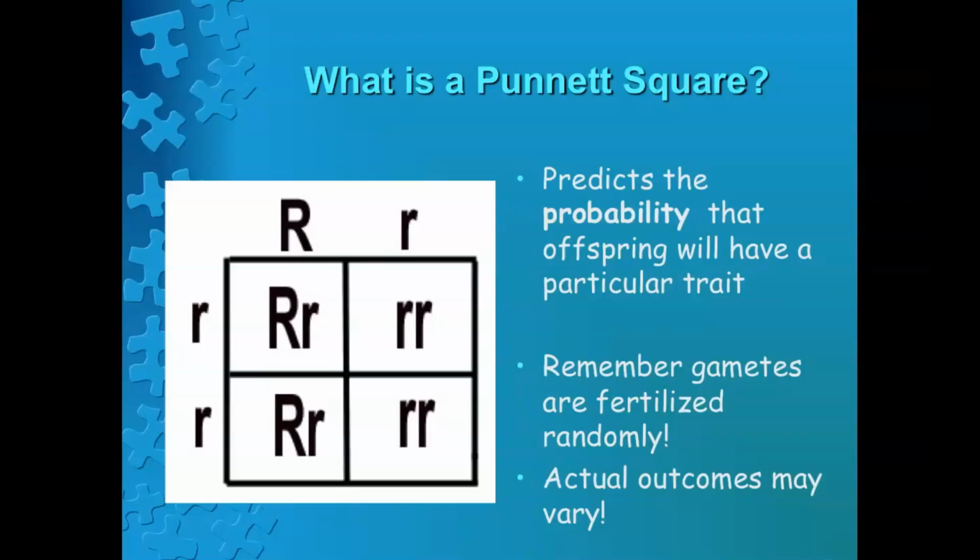So if you're talking something like fruit flies or plants, who could have lots and lots of offspring over their lifetime, then maybe you're going to start getting probabilities that are a lot closer to what you're predicting with a Punnett square. But what the Punnett square can do is at least tell you that these are the possible options for a particular cross from these parents. So it's not a total waste.